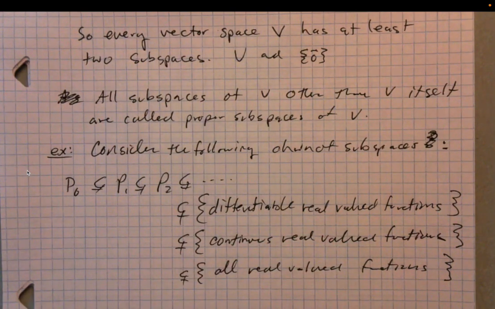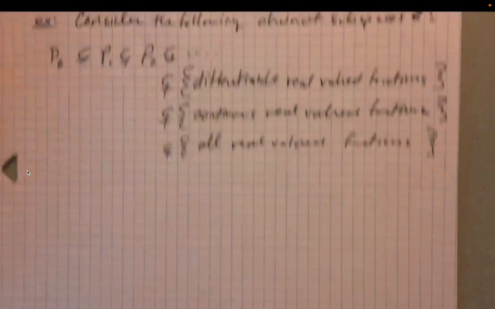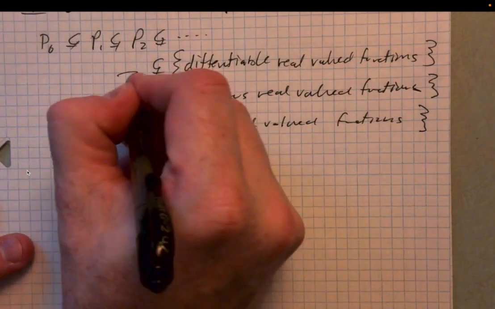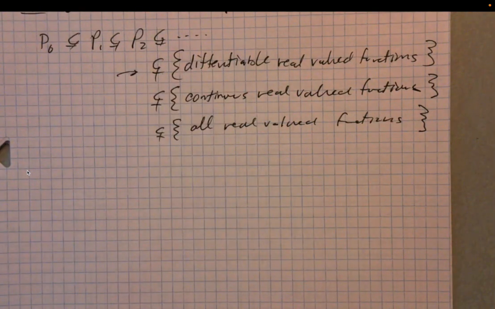And think about how that would be. We're not going to rigorously demonstrate this, but think about how that could be the case. Take this one for example. If you have two differentiable functions and you add them together, you get a differentiable function, right? A scalar times a differentiable function is a differentiable function, right?